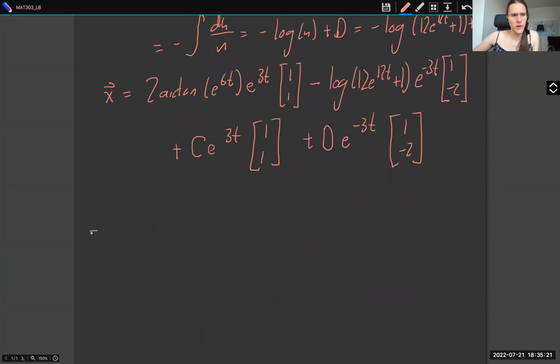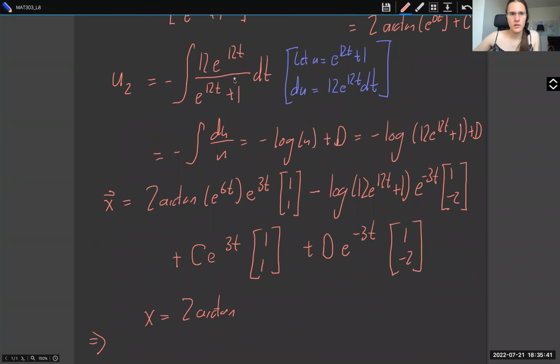And so as a consequence, we can write this as x is equal to 2, well, we had a minus sign at the beginning, right? So after we make the substitution, it's du over u, and then it's log u. I think that this is right. I'm pretty sure this is right.